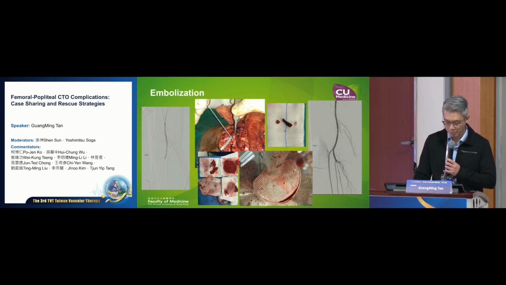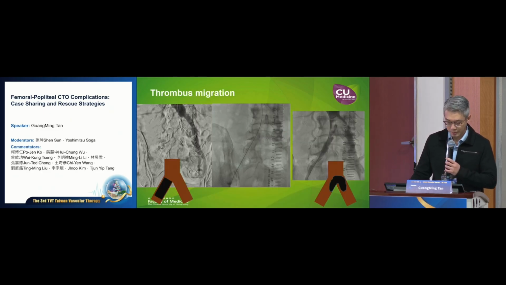In this case, we use the Penumbra thrombectomy catheter, which is an aspiration catheter. You can see some of the material that we can aspirate out from that embolic lesion. And then after the embolectomy procedure, you can see the flow actually restore quite well afterwards.